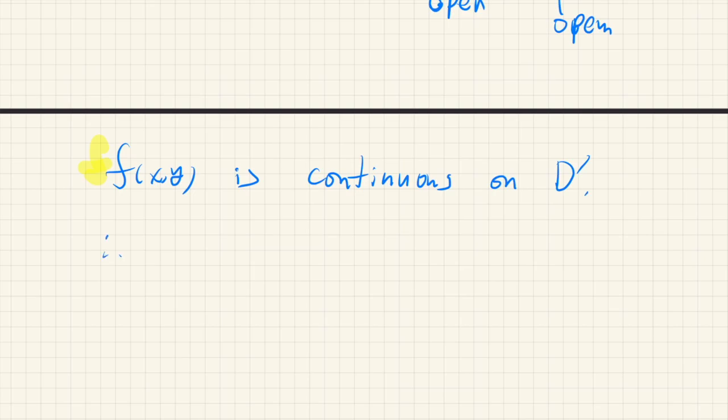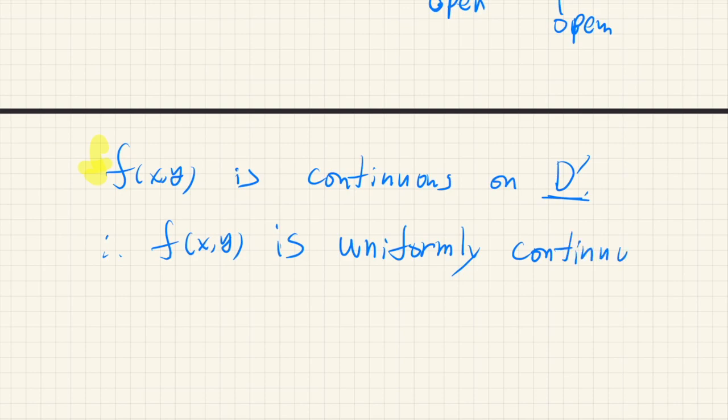Therefore, since f of x, y is continuous on a closed set, it is uniformly continuous on D prime.